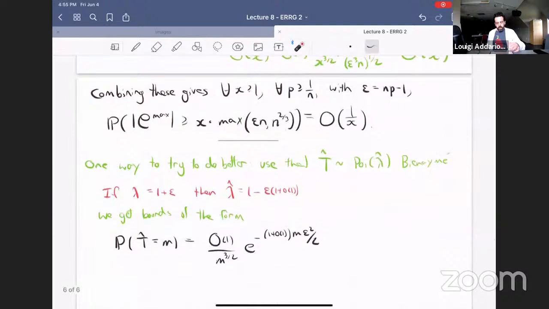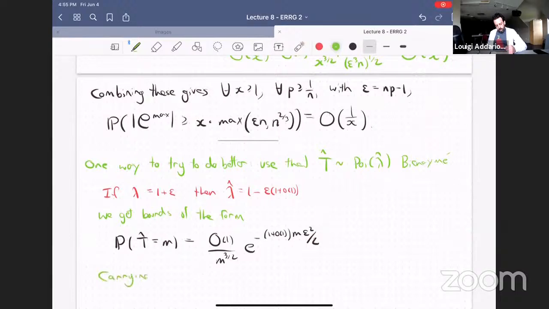And if you try to carry this through, so before, in the previous argument, we just had this order 1 over m to the 3/2 that we were using. Now we're getting what looks like it might be an improvement.